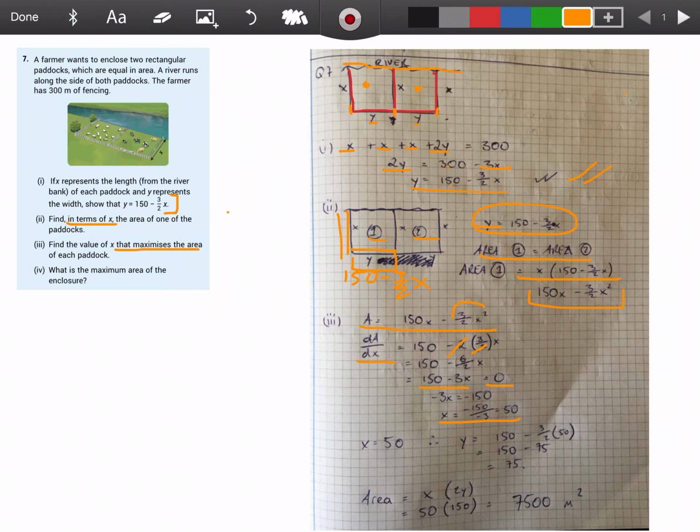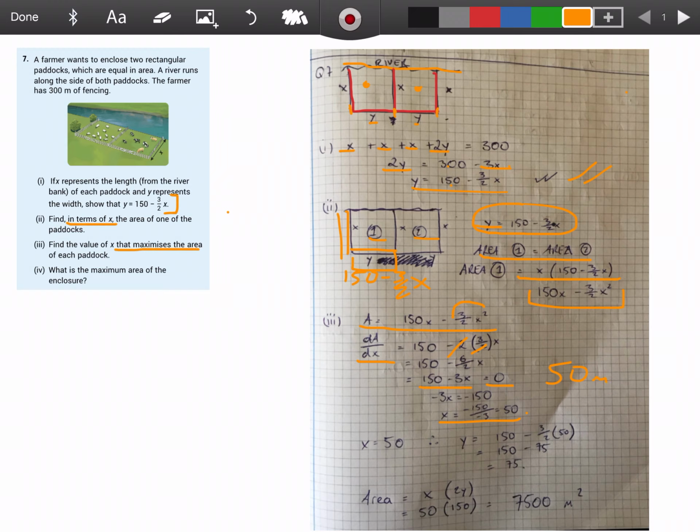So I've got 150 minus 3x is equal to 0, and then I solve for x to get 50, and that represents 50 meters, remember. Okay, I didn't put my unit in, so I'm making sure I do it now. So I now know what x is in the maximum area.